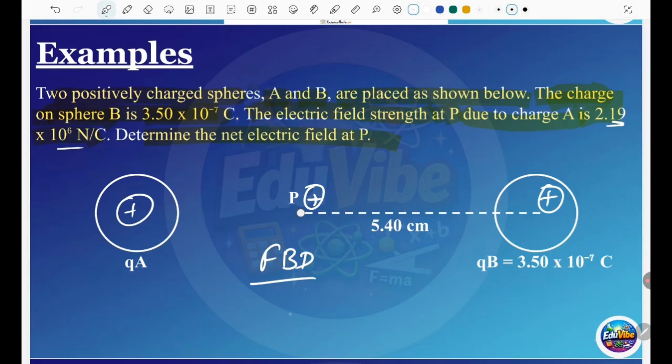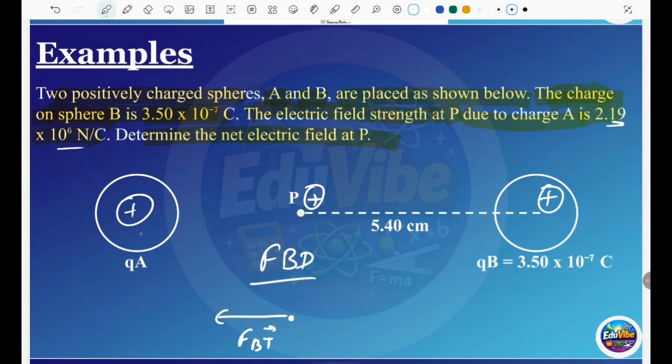This is your point P, and B is positive, the source charge, and this is your test charge, positive. So the force goes away from B.